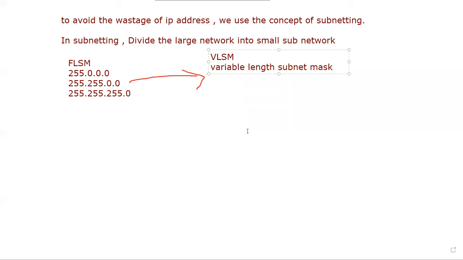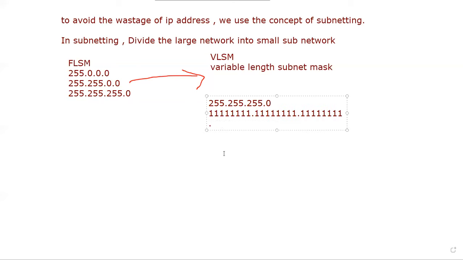Variable length subnet mask means, because we know that these are the fixed bits 8, 16, 24. For example, I am using 24 bits, like this: 1 to 8, 1 to 8, 1 to 8. Okay, done. So this is 24 bits, because after binary to decimal we are going to change this.